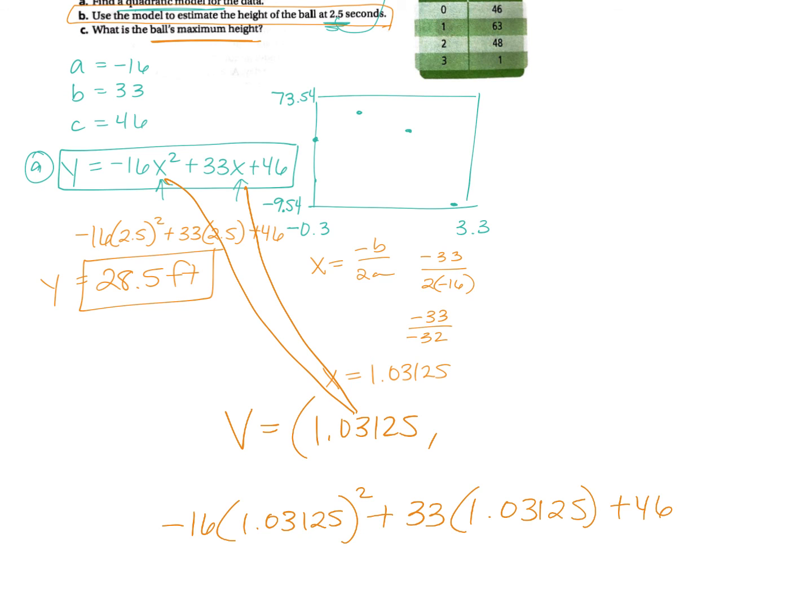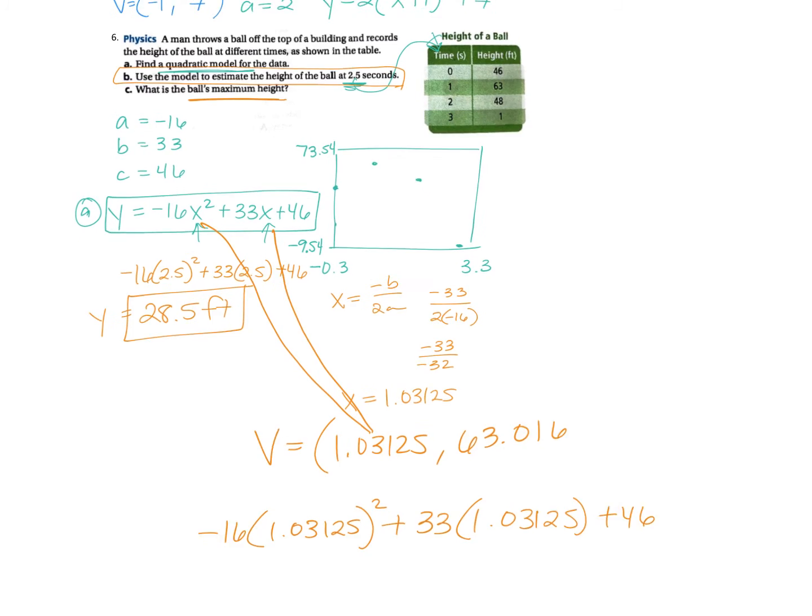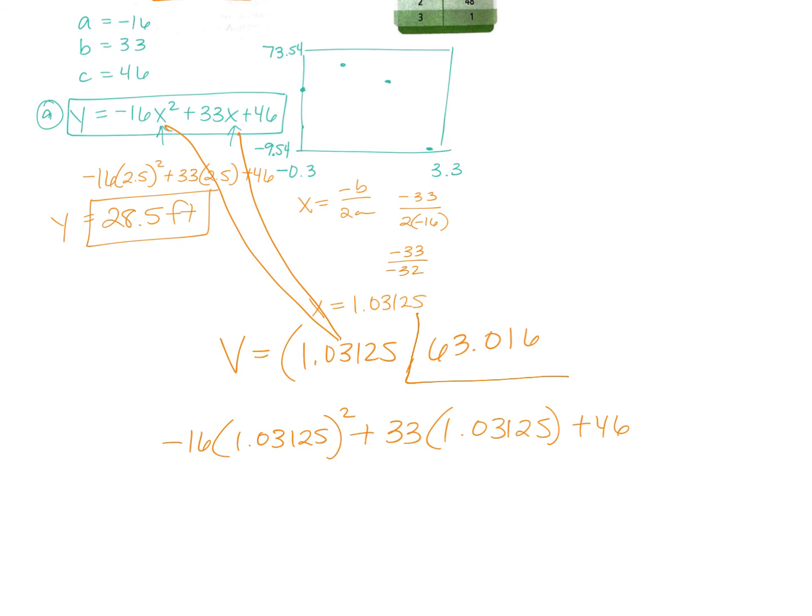And you should get 63.016. So the question asked, what's the ball's maximum height? The maximum height is this many feet in the air. So that is essentially what you're going to see on your quiz. Good luck.